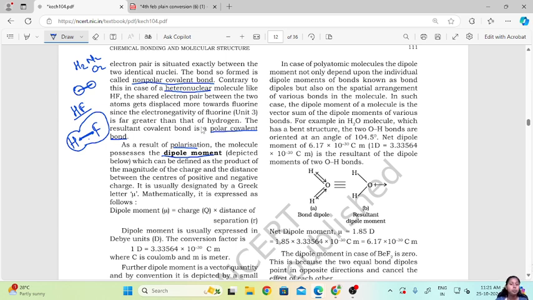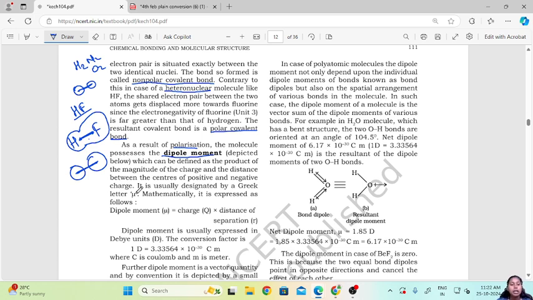Here hydrogen will be positive and fluorine will be negative, and there is a bond between them. There will be a value of charge because the pull is more towards fluorine. It is usually designated by the Greek letter mu.